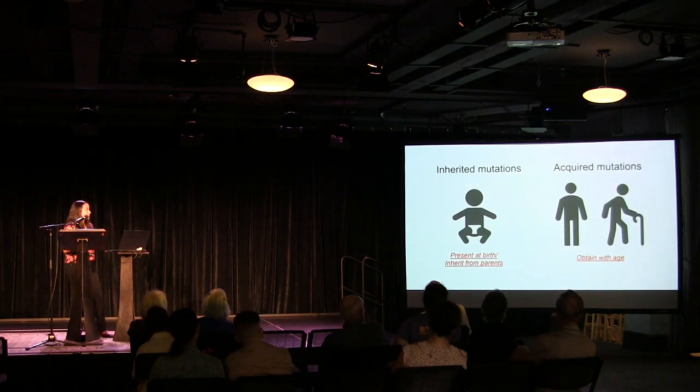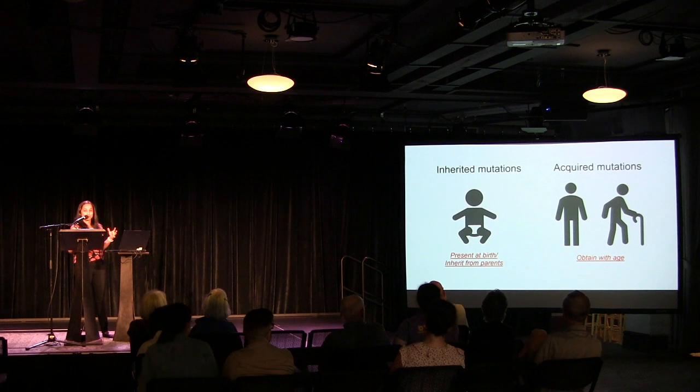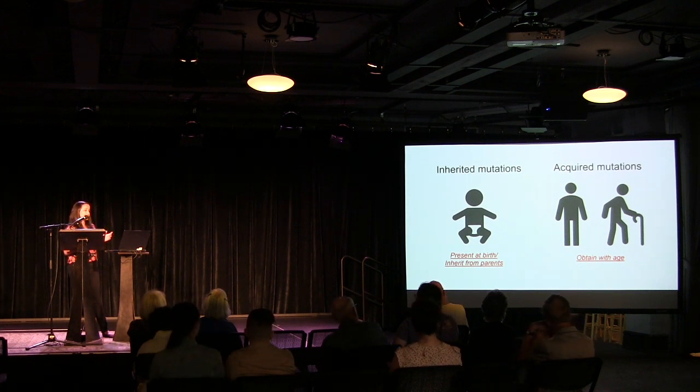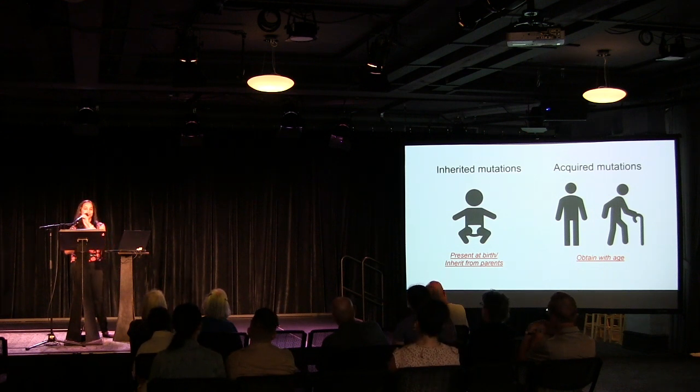In the real world, people are born with some set of mutations which are called inherited mutations. And as the name suggests, these are typically present at birth, and we inherit these mutations from our parents. On the other hand, acquired mutations, typically we obtain with age as we grow older.